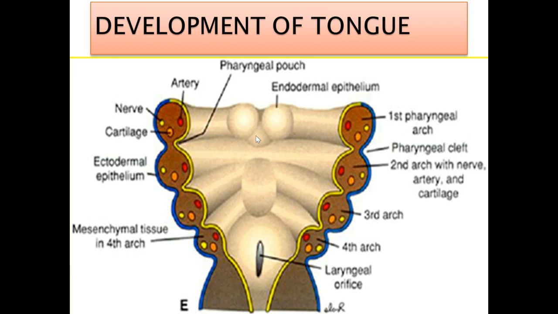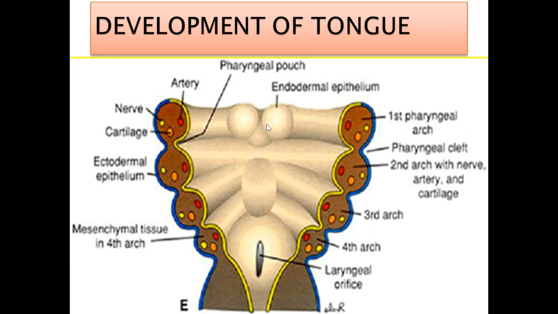These two lingual swellings grow forwards and fuse with each other and also subsequently join with the tuberculum impar. So this forms the anterior 2/3 of the tongue or the oral part of the tongue.